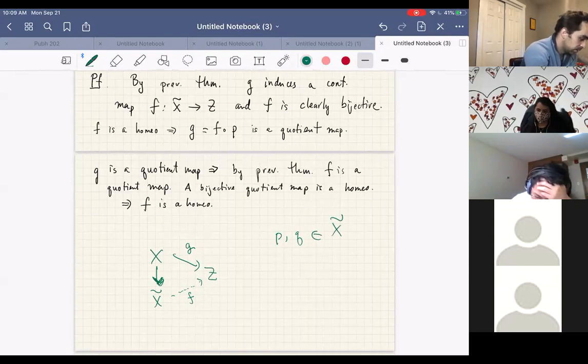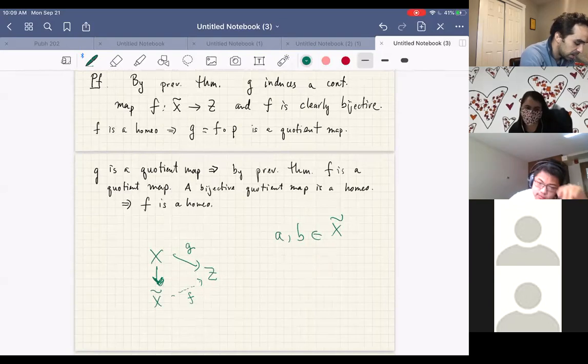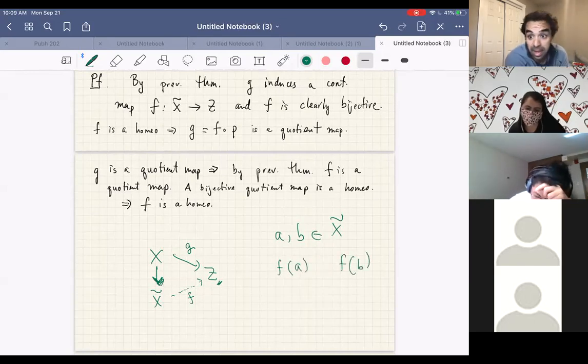So this is really bad notation, of course. So let's say A and B are points in X tilde. I want to show that I can find open sets around A and around B such that they are disjoint, assuming I have that property for Z. So I look at the images of these points in Z. And they are distinct points because in this case, F is a bijection, right?